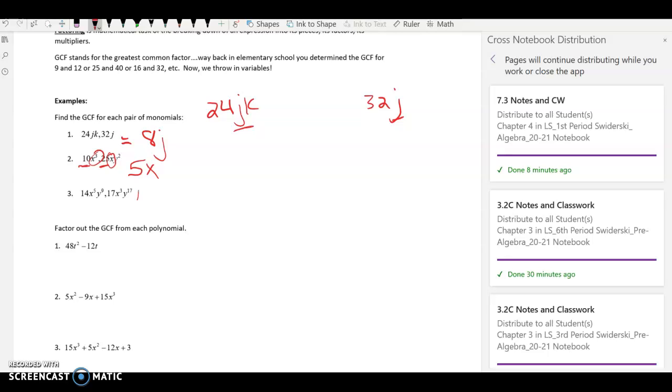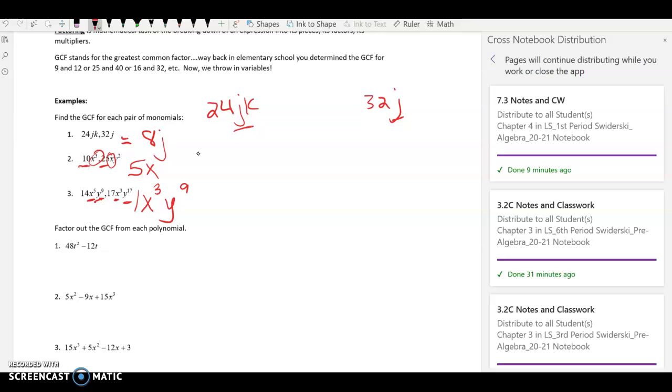So that means I can only pull out a 1 from those numbers. Look at my x's. I have x cubed and x to the 5th. So instead of just saying x for this one, they both share multiple x's. They can share 3 x's. Those can come out when I factor. And when I factor out y, I have y to the 9th and y to the 17th. They share 9 y's as well that I can factor out.